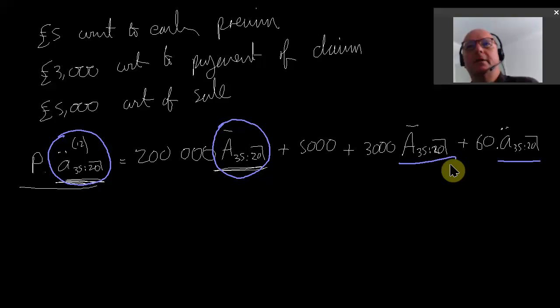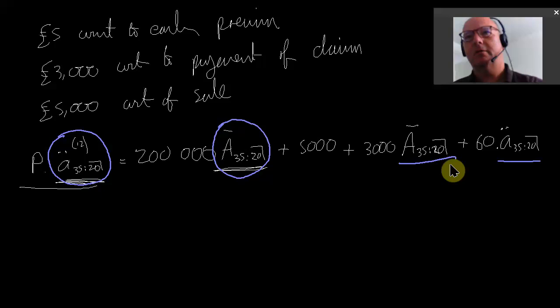So that's how we do office premiums, that's how we deal with expenses. You can make it slightly more complicated by saying they want to make a profit of, say, 5% of the premium. So the total costs must be only 95% of the total premiums that come in.